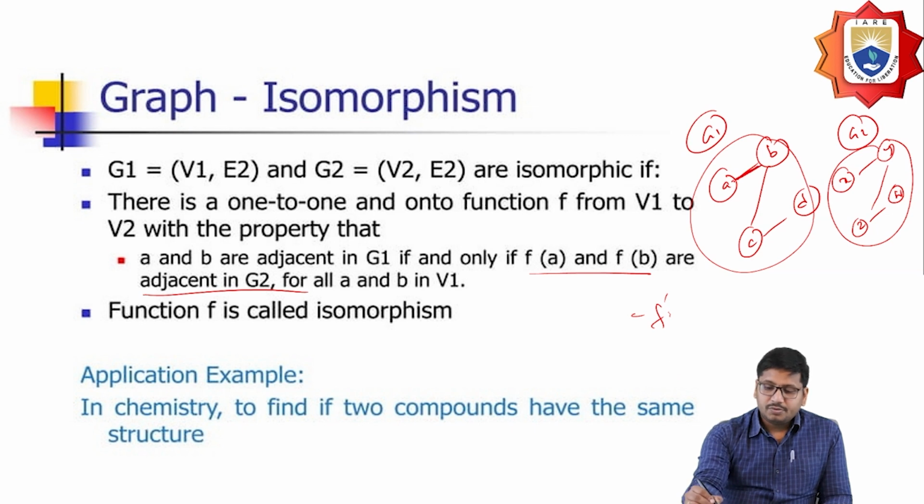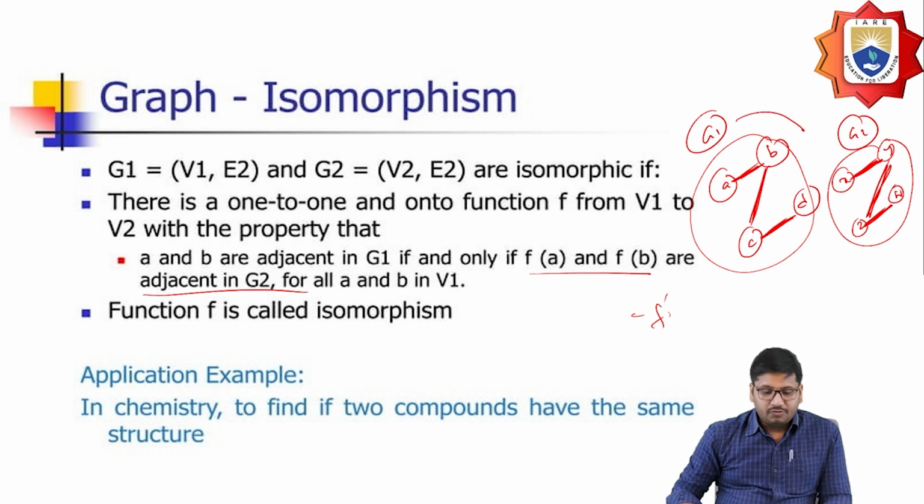Suppose there is an edge from A to B; then in G2 there should also be an edge from X to Y. If there is an edge from C to D, there should be an edge from Z to W. If the edge from B to C and the edge from Y to Z correspond in the same way, then the two graphs G1 and G2 are said to be isomorphic. Normally this is used in chemistry, when compounds have the same structure.